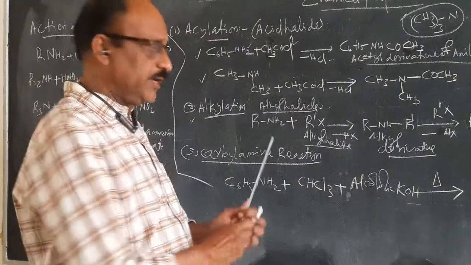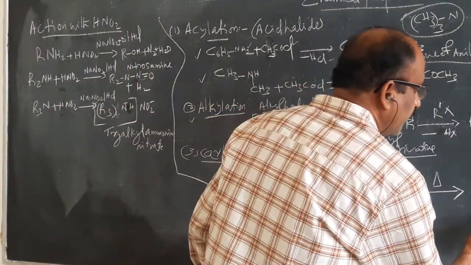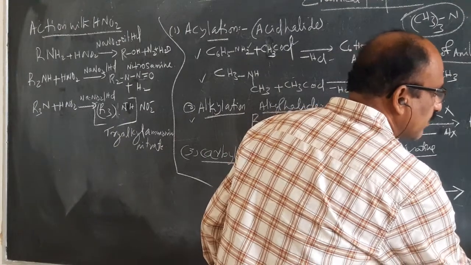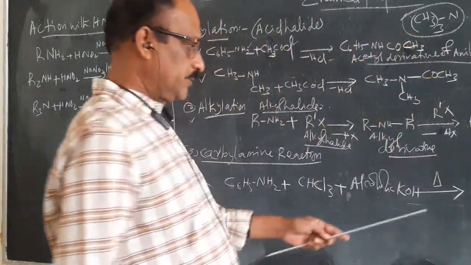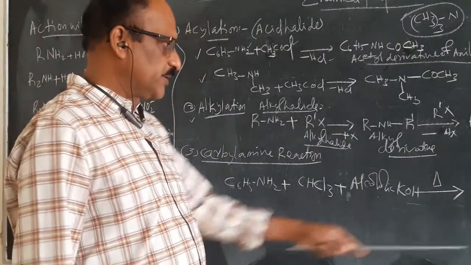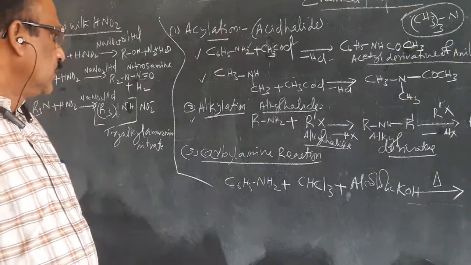Isocyanide has a very foul smell, very bad smell. This is a distinguishing test between primary and secondary amine. The side products are potassium chloride and water.